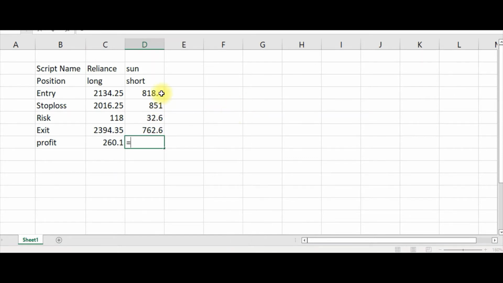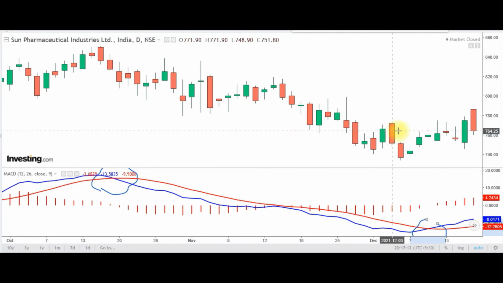So here the profit would be, since we are shorting, entry minus exit, that is 55.8 rupees. So again we could have made a good profit by shorting and using the MACD crossover.